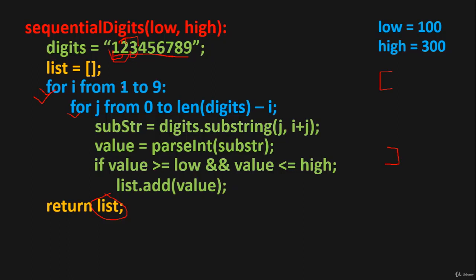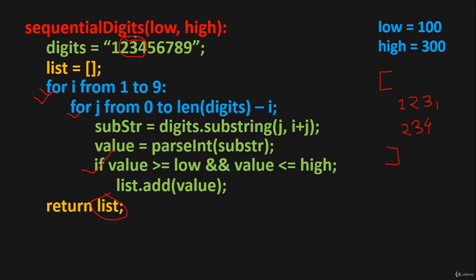At that iteration, we'll generate sequential digits of length 3. First we'll have 1 2 3, and that is in the range of 100 and 300. So let's add that. Then the next sequential digit is 2 3 4, and that is in the range of low and high. So let's add this to our answer list.